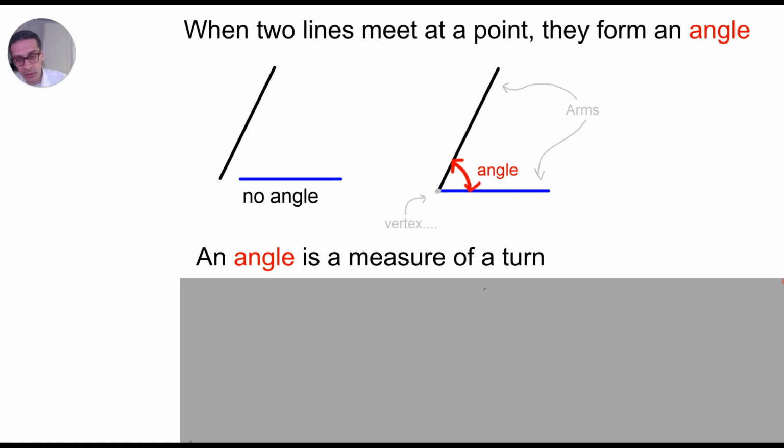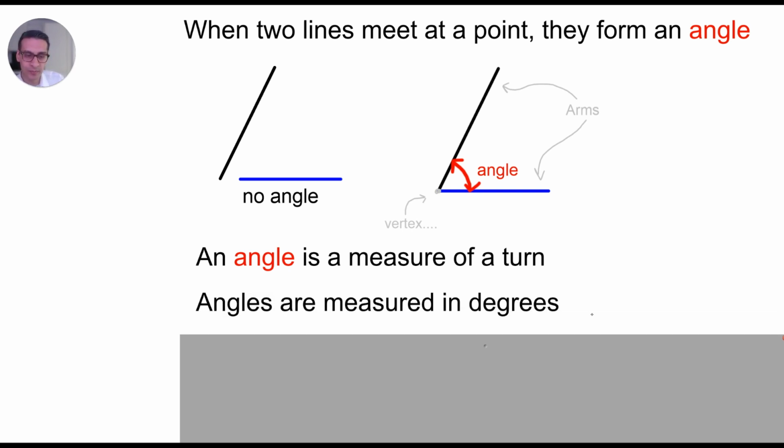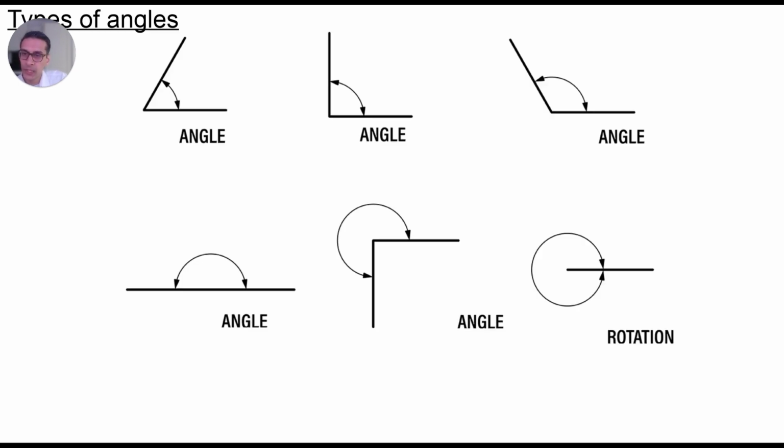That's going to be the definition of what an angle is. And you might already know that angles are measured in degrees. So, for example, a 30 degree angle would be written as 30 with a small circle there. And a 30 degree turn is what we might be referring to when we say a 30 degree angle. So there are 6 main types of angles you need to be familiar with, and you may already know all of these.